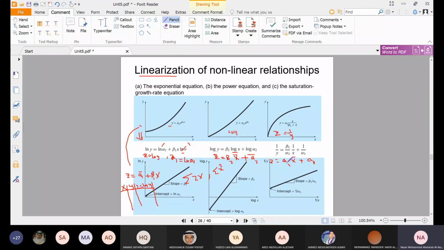From these values, I will compute alpha 3: 1 over alpha 0 will be alpha 3. After that, I can compute the value of beta 3. If we compute these two parameters, alpha 3 and beta 3, we can find the relation between our independent variable x and y.